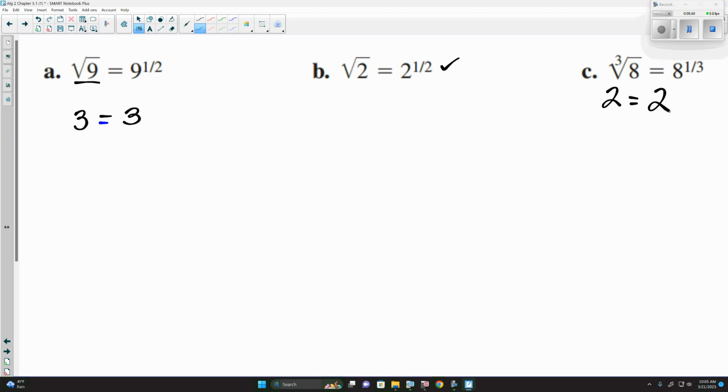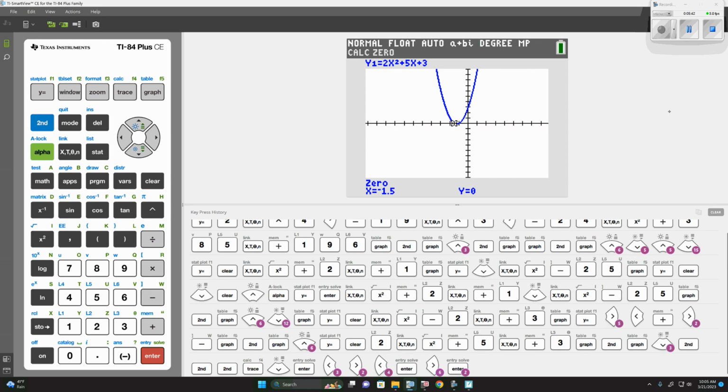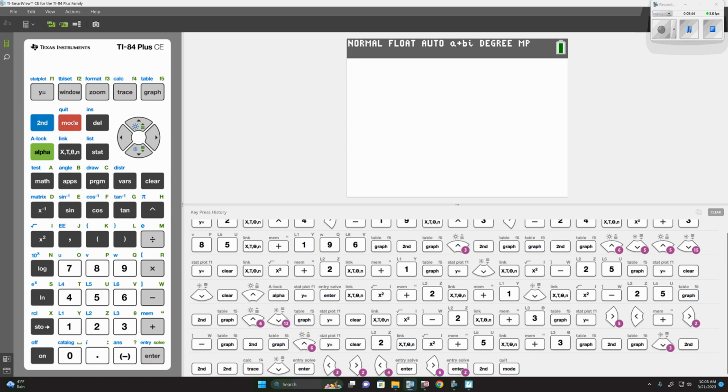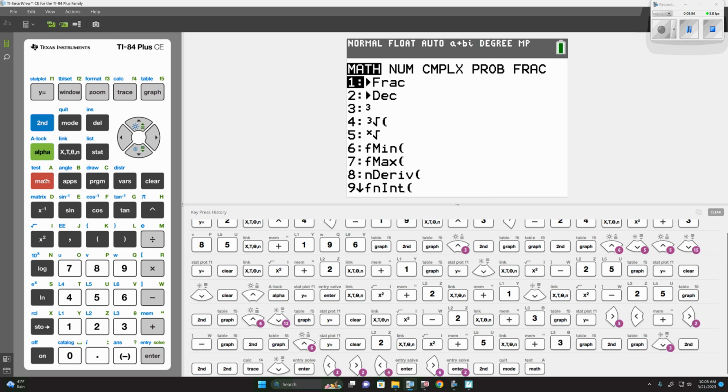Now if we wanted to do this on the graphing calculator, the graphing calculator does not give us an x root as the TI-30XS does with a straight key. But if we hit math, the fourth one down is the cubed root. The fifth one down is the nth root.